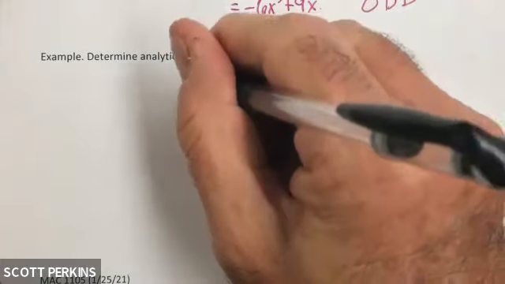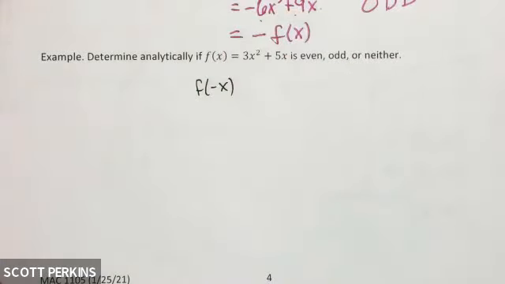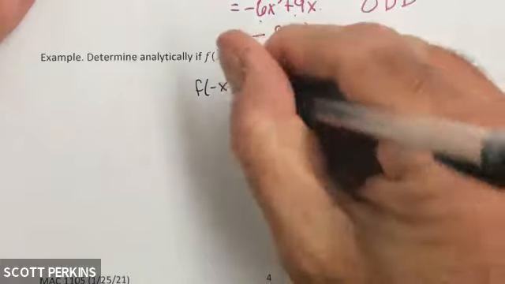So one final time, I start off with the statement f of negative x. That's always, when I ask you if something's even, odd, or neither, and I don't give you the picture, and you're doing it analytically, where you start.